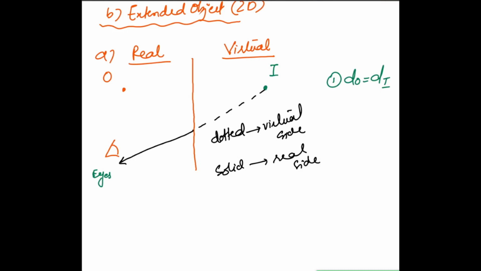So what we have done, why two rays? Because we have to cover the whole eye. So one light ray is supposed to be received on the top end of the eye, and one is supposed to be received at the lower end of the eye. Basically, if we go a little deeper into this, there are infinite light rays coming towards the eye, originating from this point object, but it's not feasible to draw all of them.